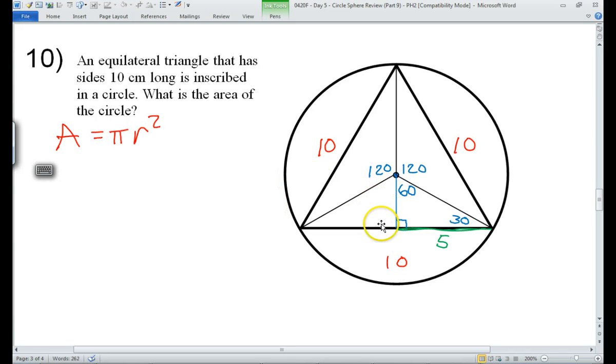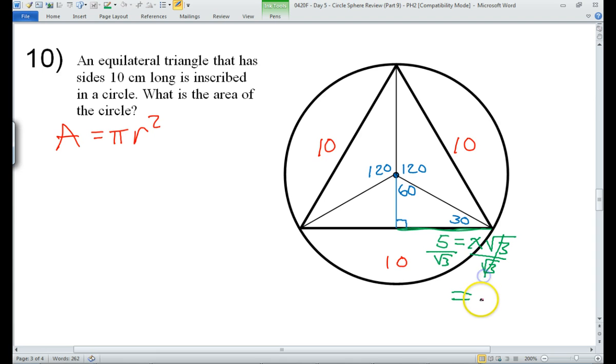So with that in mind, the long leg is going to be x radical 3. So that means this 5 must equal x radical 3. If I solve this little equation, that's going to give me the short leg, because that's what x represents. So let's go ahead and just divide both sides by radical 3.